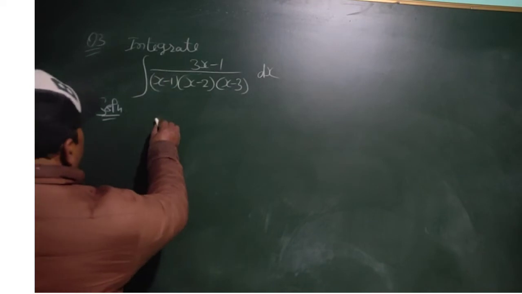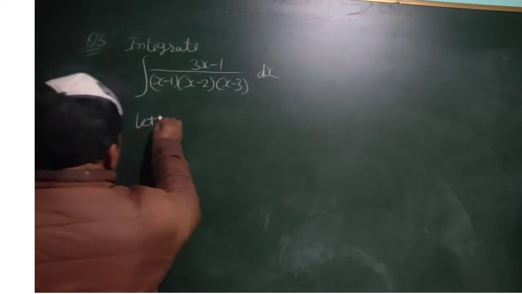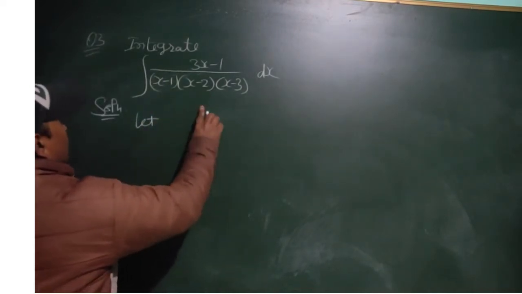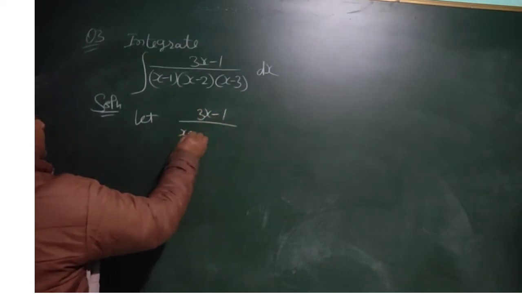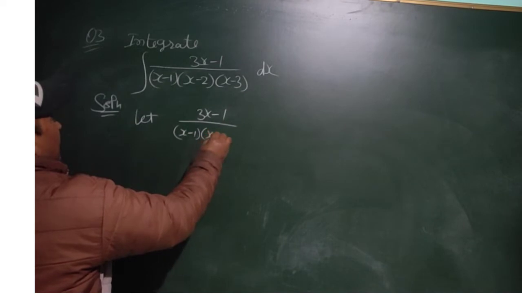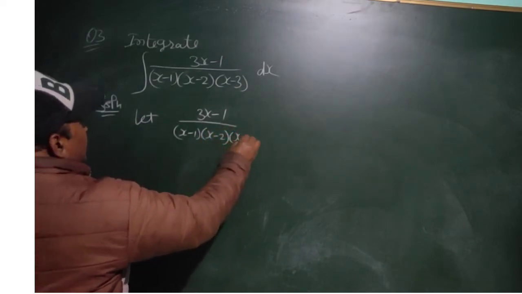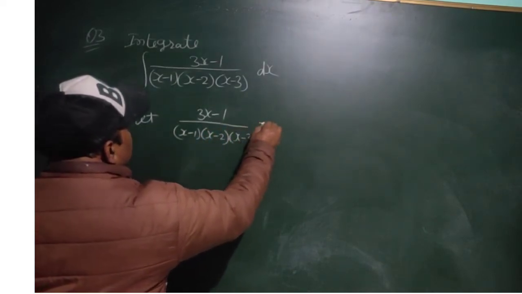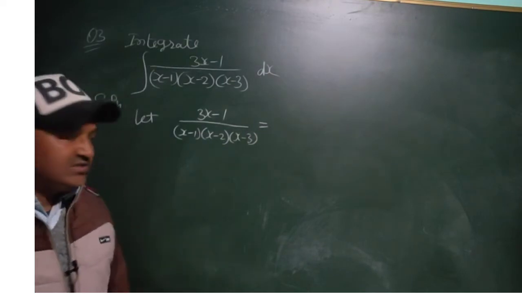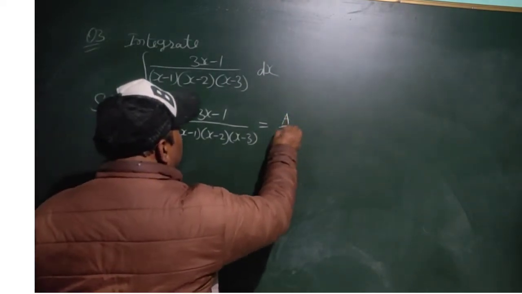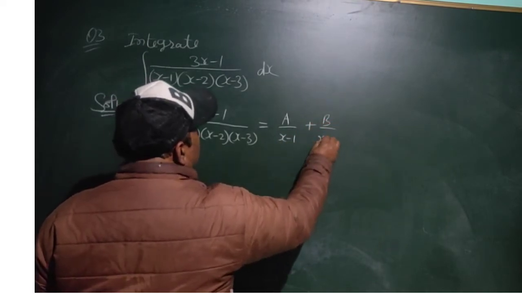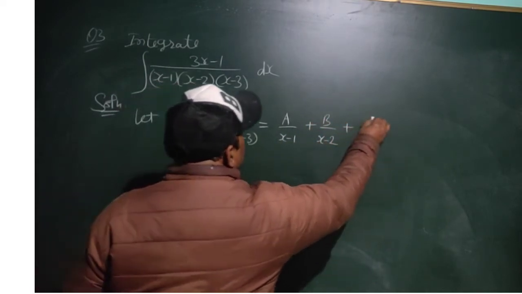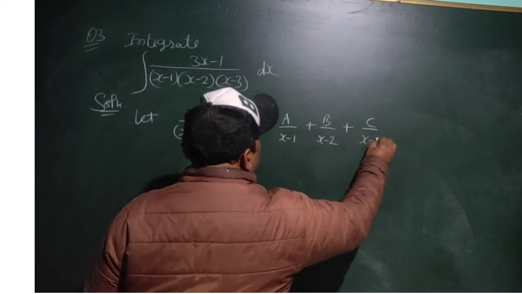So let (3x minus 1) upon (x minus 1)(x minus 2)(x minus 3) be equal to, by the first type of partial fractions, A upon the first linear factor plus B upon the second linear factor plus C upon the third linear factor.